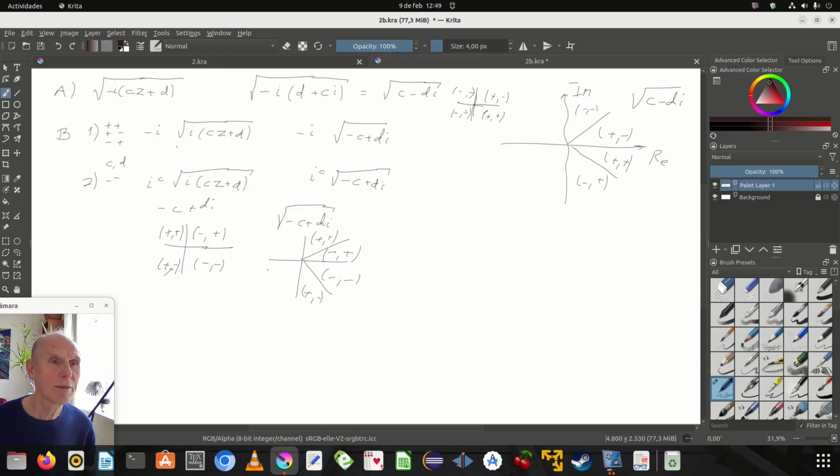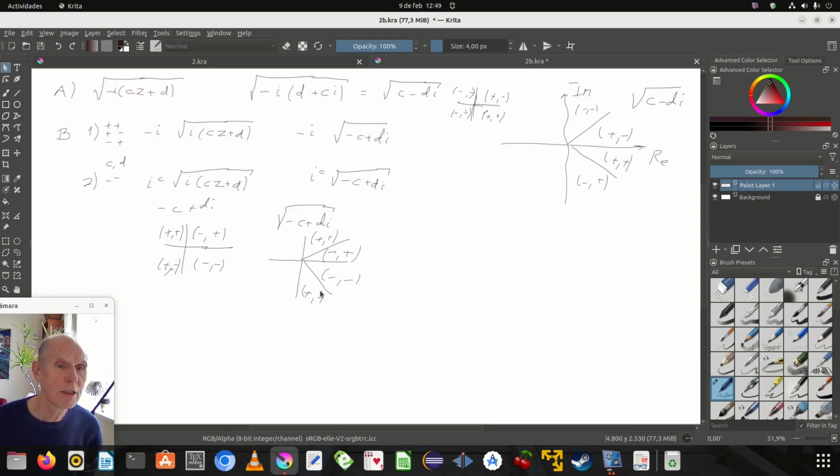Now we shall multiply with the factor minus or plus minus i that we have here. In case plus plus, multiply by minus i, that agrees. In case minus plus, we multiply with minus i, that agrees.